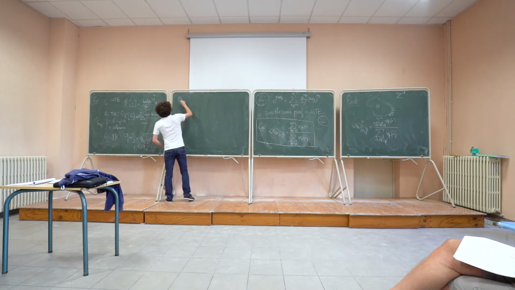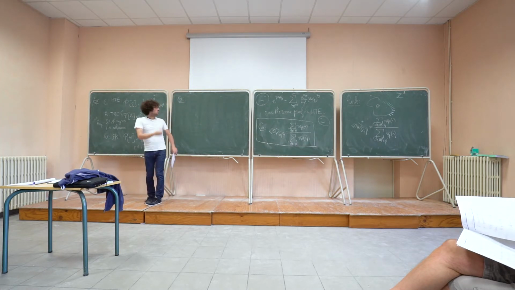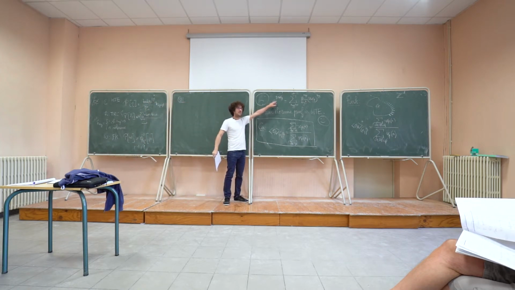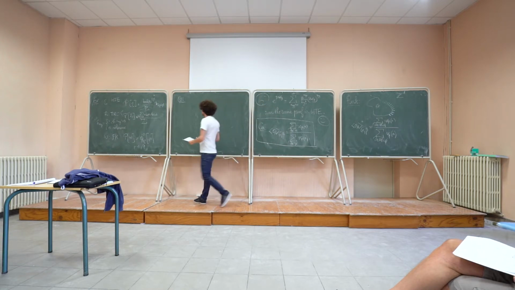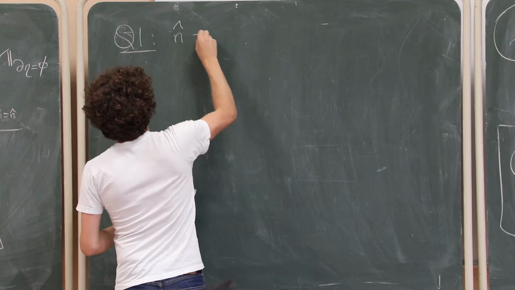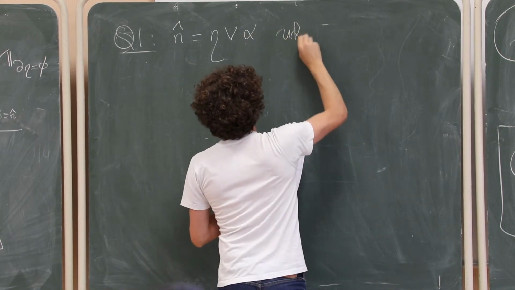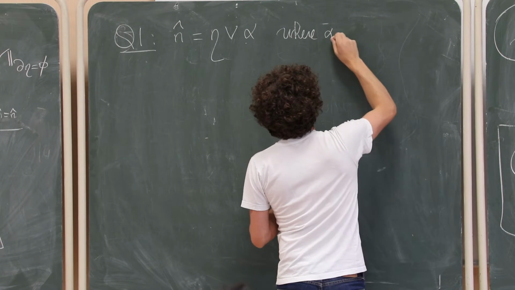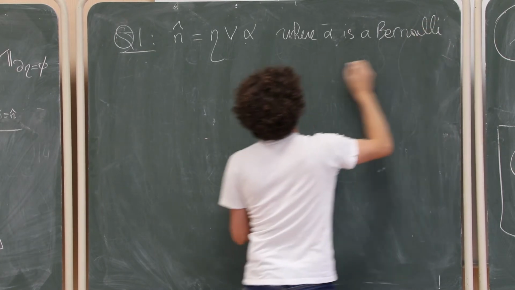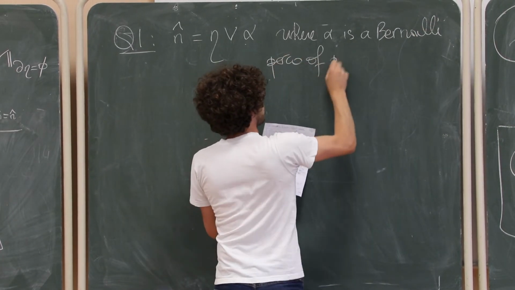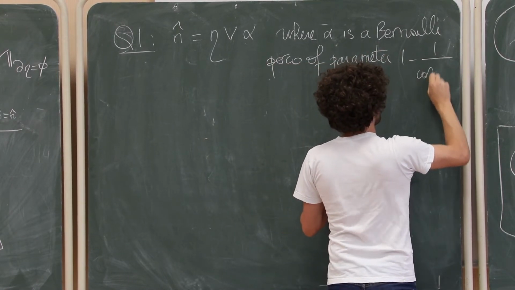So question 1, try to see from the expansion either in e to the beta sigma x sigma y or in terms of the Kramers-Wannier duality, try to see that in fact n hat is eta supremum alpha, where alpha is a Bernoulli percolation of parameter 1 minus 1 over cosh.